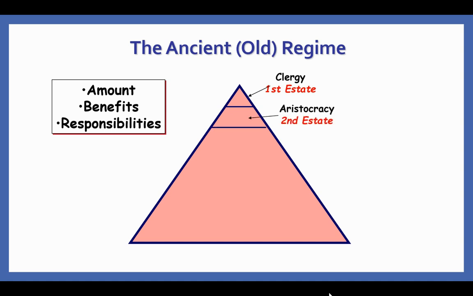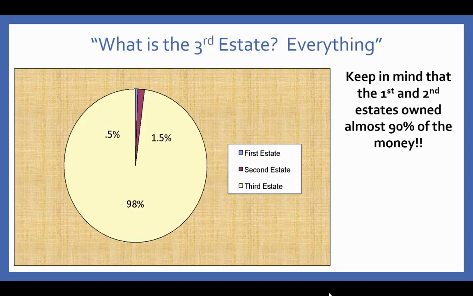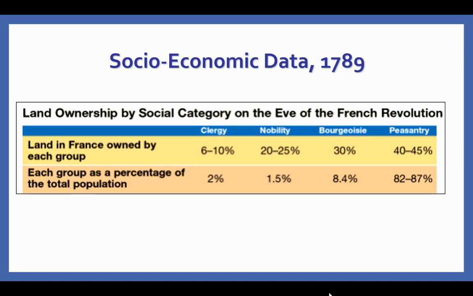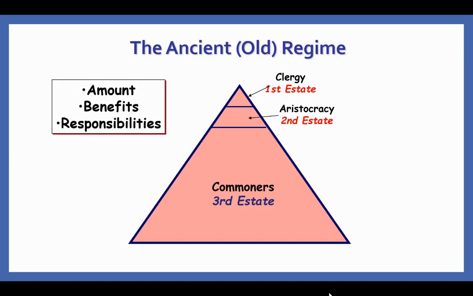They made up a very small part of the population and did not pay any taxes. Same thing with the aristocracy, which made up a very small amount of the population and didn't pay taxes, leaving the commoners, the middle class, all the way down to the peasants, to pay all the taxes and essentially have no benefits.